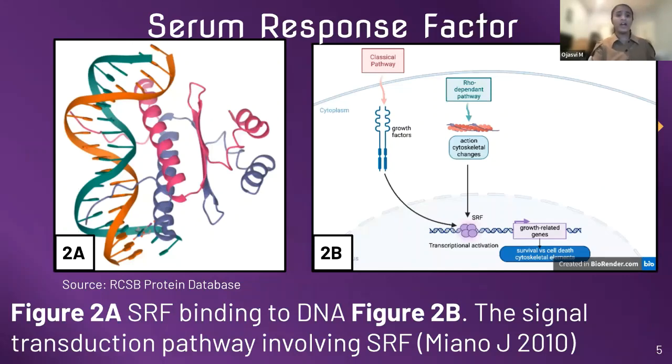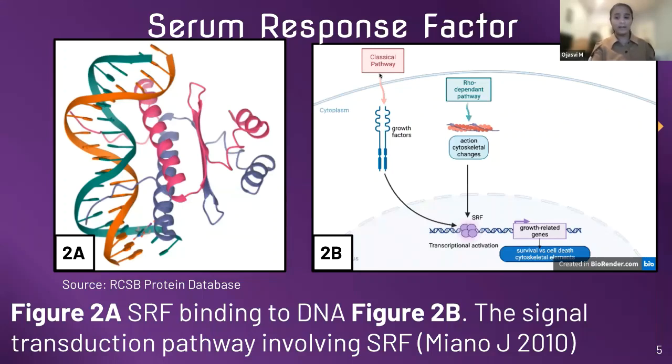SRF, Serum Response Factor, is our target, and it's an important transcription factor which binds to a regulatory DNA element known as the CArG box. This binding is shown in the left figure, and SRF is involved in two crucial growth signaling pathways, shown in the right figure.